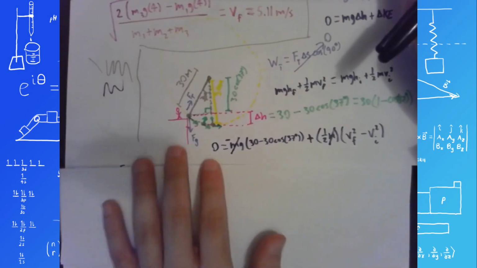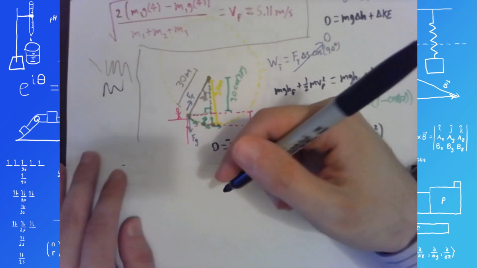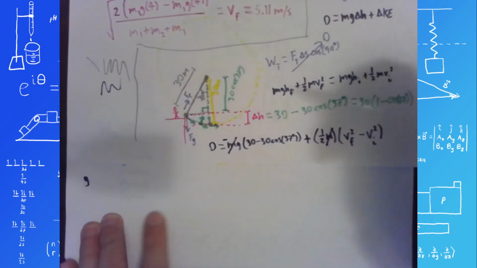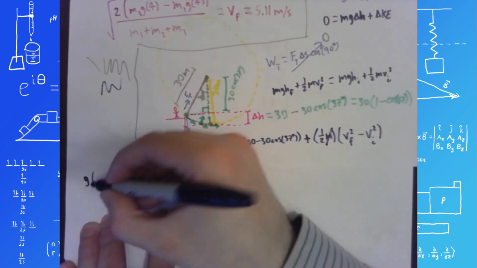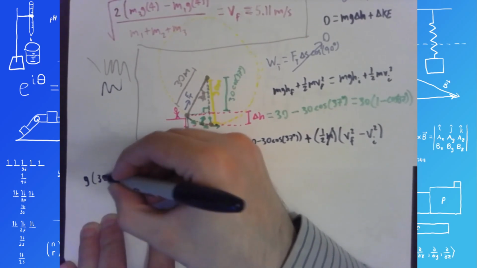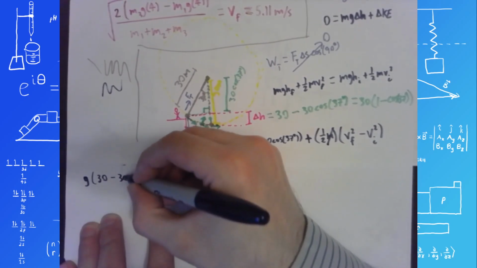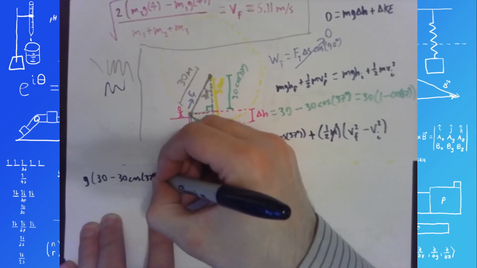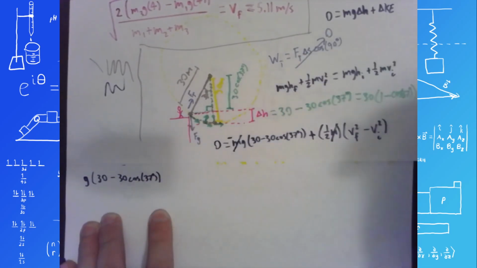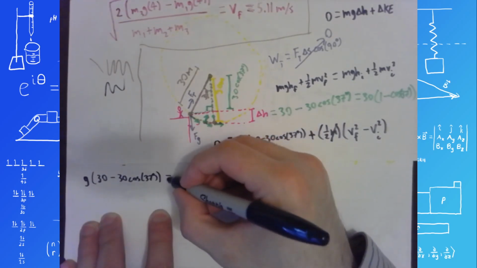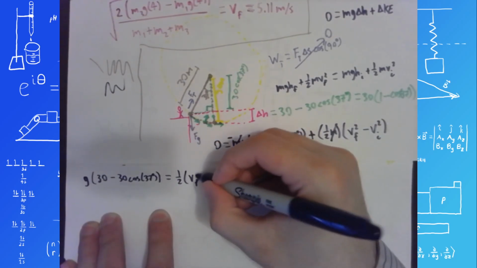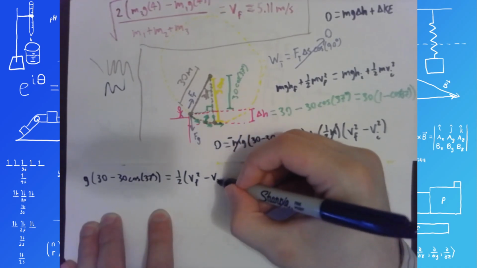So if I add that stuff over to the left-hand side, then I'm going to get g times (30 minus 30 cosine 37) equals 1/2 (v final squared minus v initial squared).